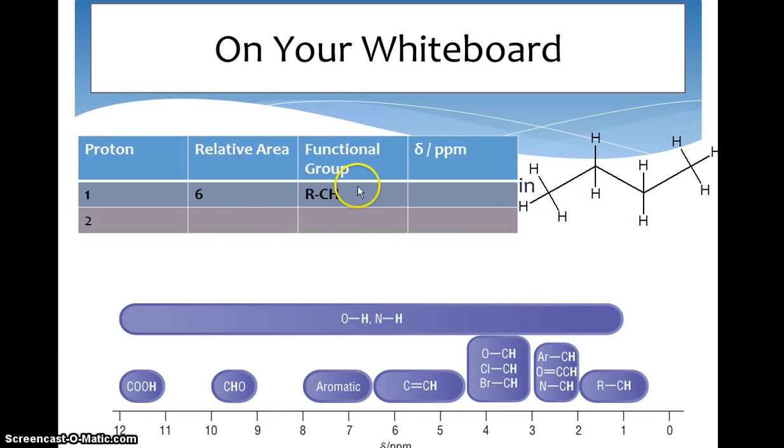The functional group is just an alkane, so our chemical shift is going to be in that region. And then we've got 4 equivalent protons here, so our relative area is 4. Again RCH, and so again in that sort of area. So our NMR would just be 2 peaks quite close together.